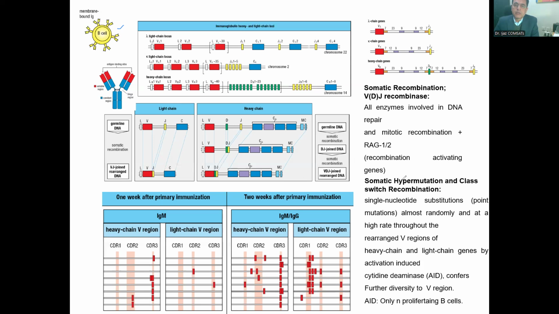So how is this variability ensured at the genetic level? Because there can be numerous types of antigens, like different types of bacteria, different types of viruses, or other antigens that can enter into the body, and your immune system is going to respond against all those antigens.